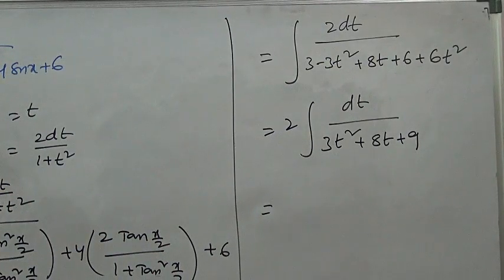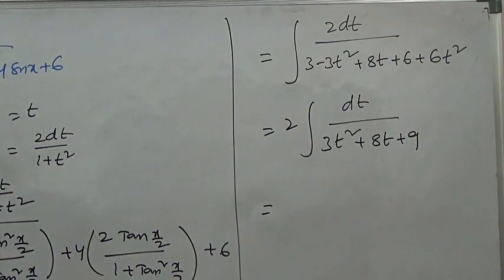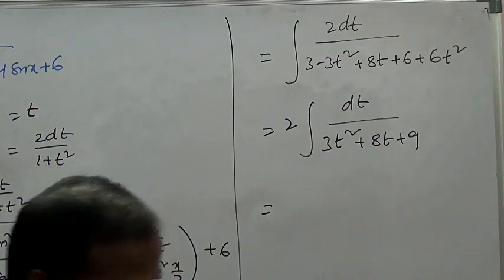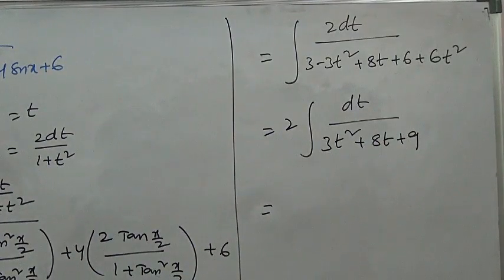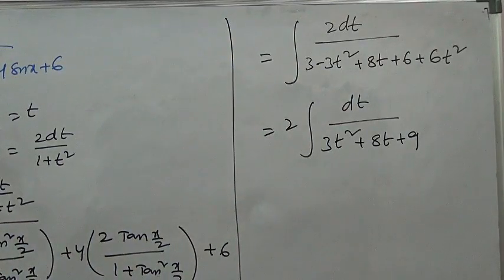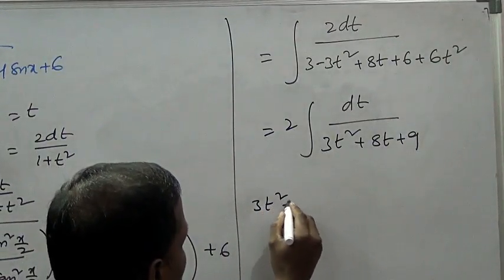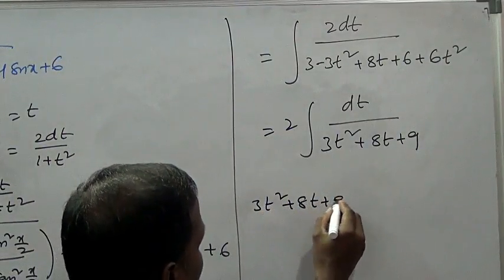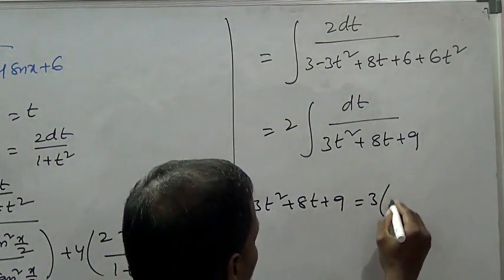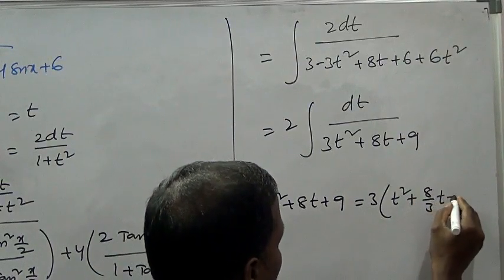Now what you have to do, you have to write this in the form a into x minus alpha whole square plus beta square. Okay? So 3t square plus 8t plus 9 is equal to 3 into t square plus 8 by 3 t plus 3.